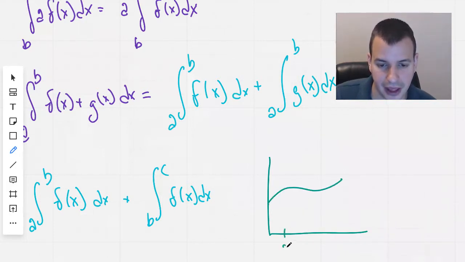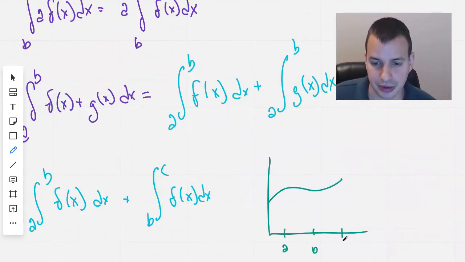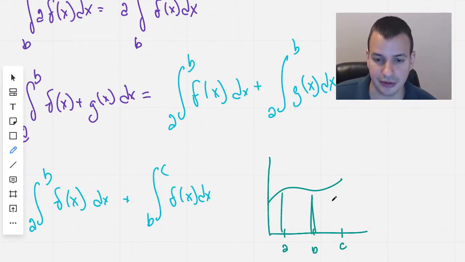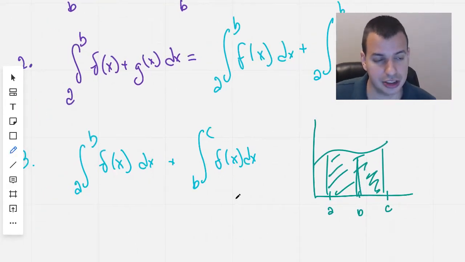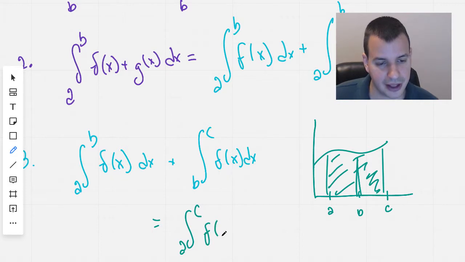This will be A, this will be B, this will be C, and this is saying that the area from A to B plus the area from B to C will be the same as the total area from A to C. I said, yeah, that seems reasonable. So the integral from A to C of f of x dx. Not too bad. Okay, we got that one.